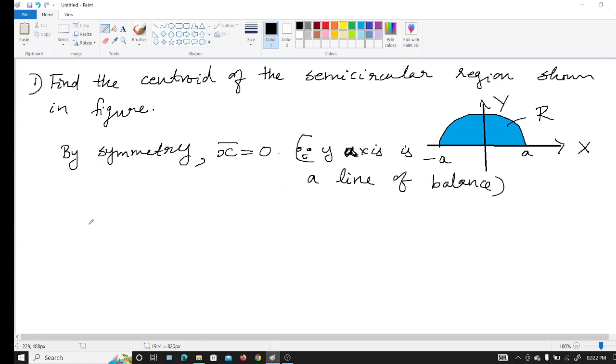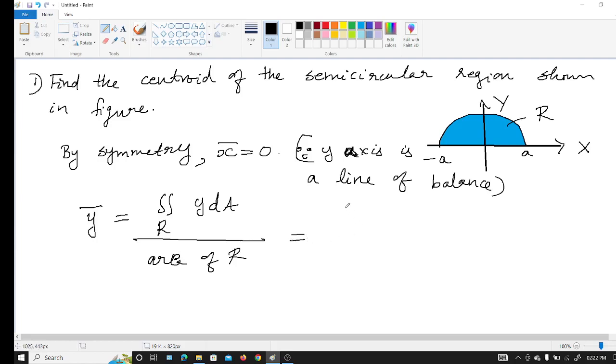Okay. Now we can find the y bar. y bar equal to double integral over R y dA divided by area of R. Now here, area of the region R. We know this shaded region is semicircular.